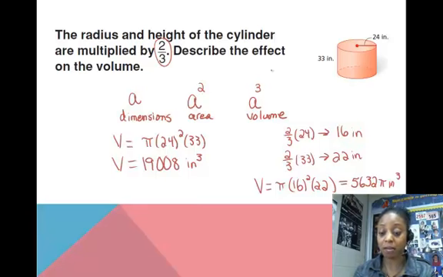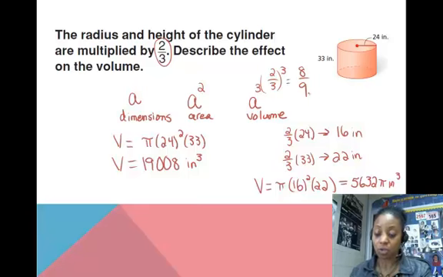So we said if it was affected by a factor of 2/3, then that means the volume should be affected by a factor of 2/3 cubed, which is 8/9. So if we take our original, oh, and I forgot my pi here, didn't I? If we take our original and multiply by 8/9, we should get our new one. So 19,008 times 8 divided by 9, and that gives me, why doesn't that work?